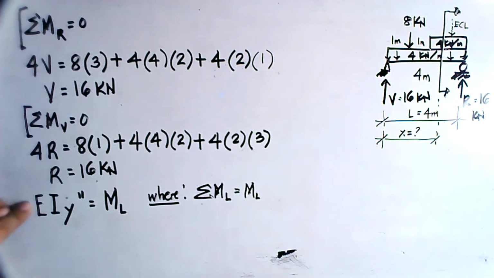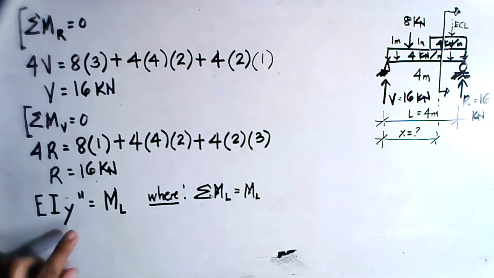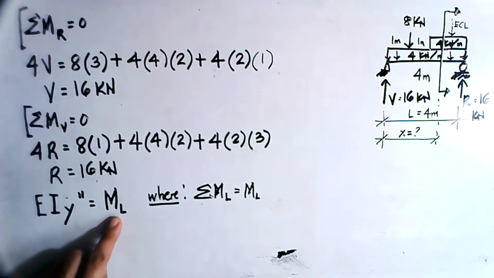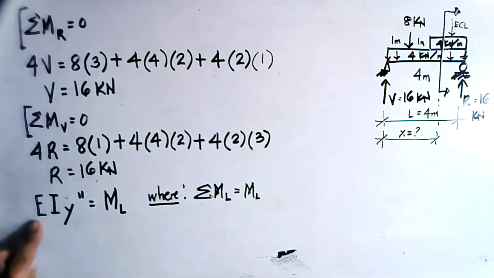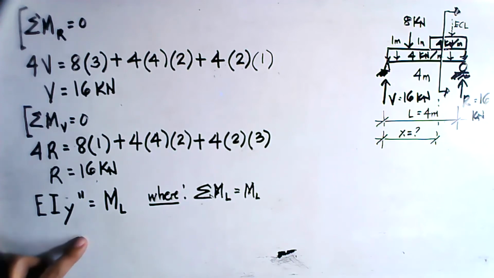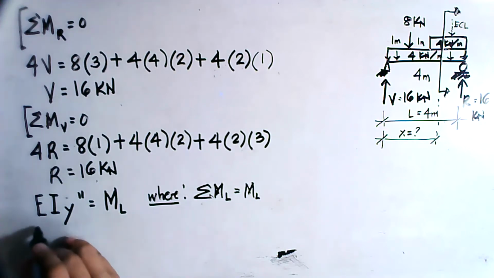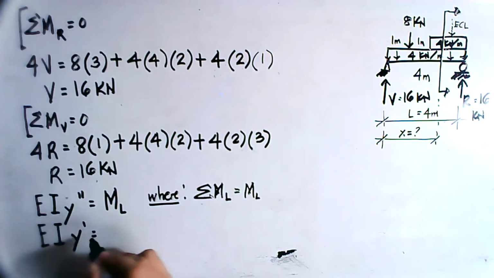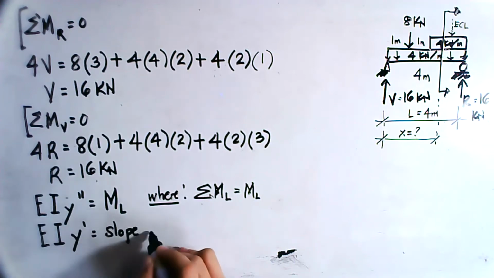Remember that E is the modulus of elasticity, I is the moment of inertia, and Y is the deflection. Since we are using here the double integration method, we are going to use the moment equation as our reference in the integration. So we integrate EIY double prime, or the moment equation, to give us the value of EIY prime, which is our slope equation.